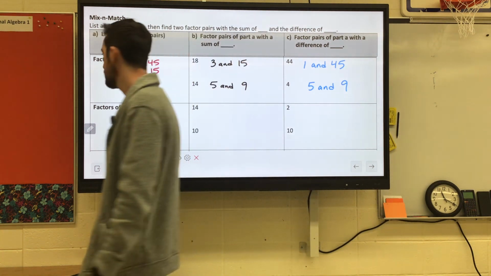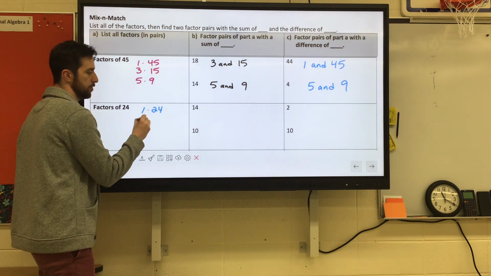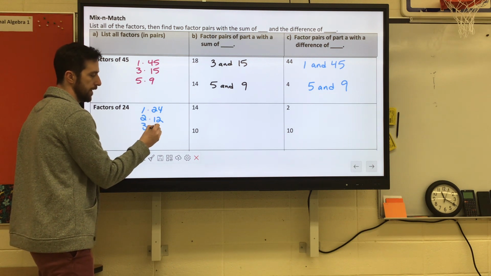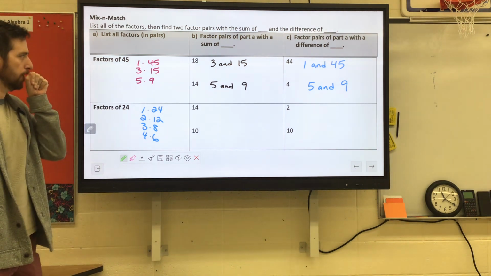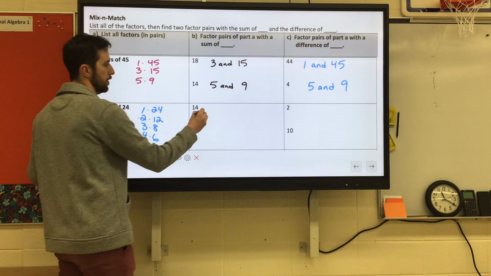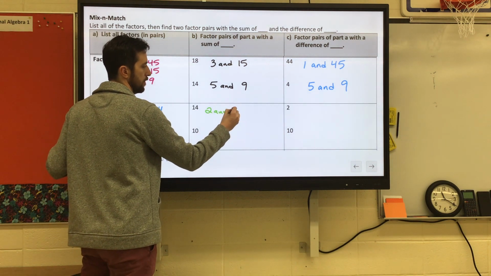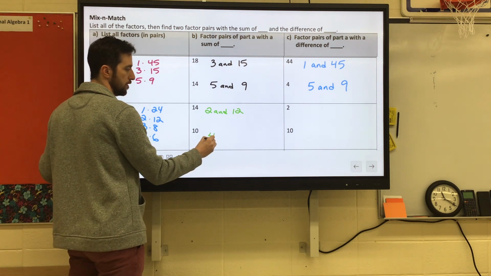All right, now we're going to list our factors of 24. 1 and 24, 2 and 12, 3 and 8, 4 and 6. That's all of them. Which ones have a sum of 14? That would be the 2 and 12. Which ones have a sum of 10? That would be the 4 and 6.